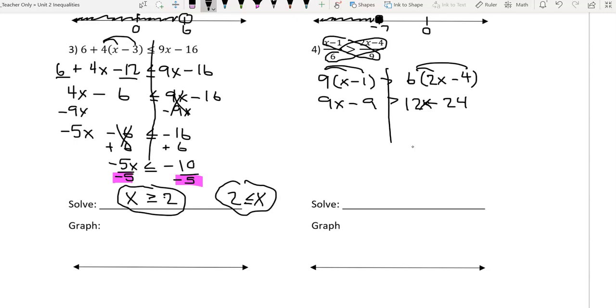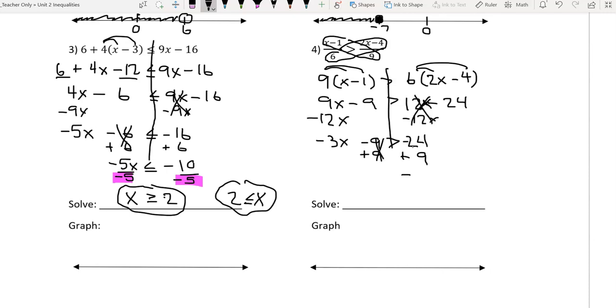Just like what we've been doing, I like my variables on the left, so I'm going to move my 12x. So I would have negative 3x minus 9 is greater than negative 24, and then add 9.